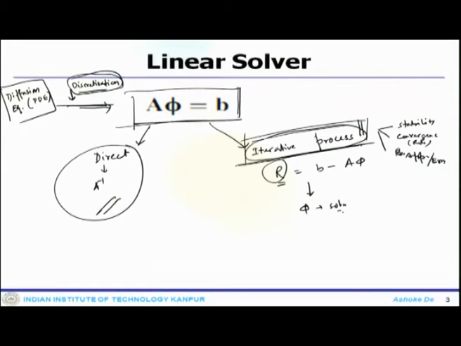Once you get a linear system, you need a solution, and the solution gets you the variable phi, at every node of the domain, and that can represent the physical process. So, that is how it closes the loop.